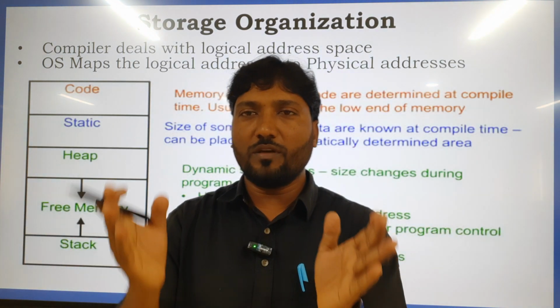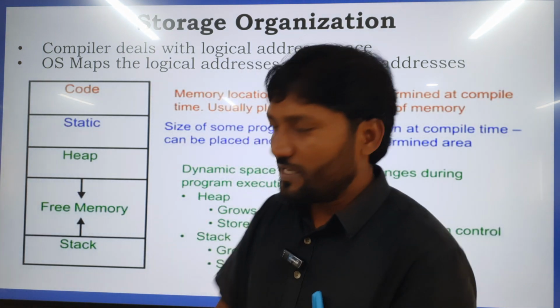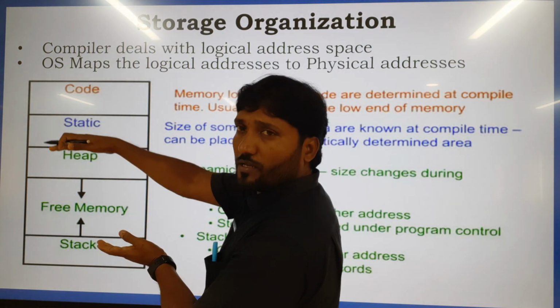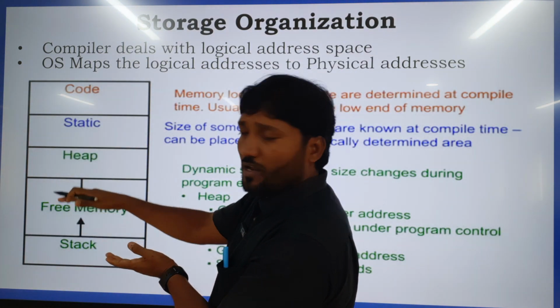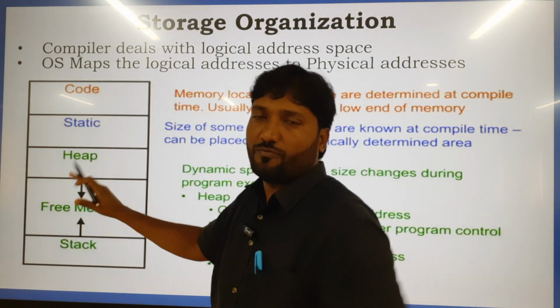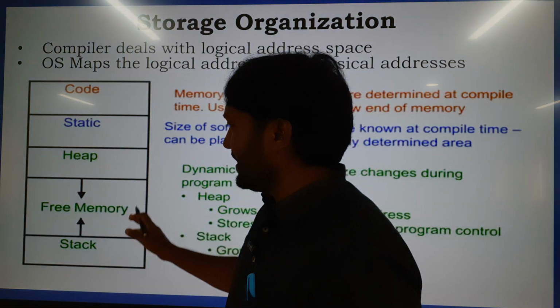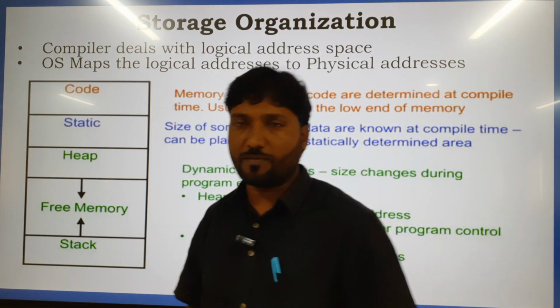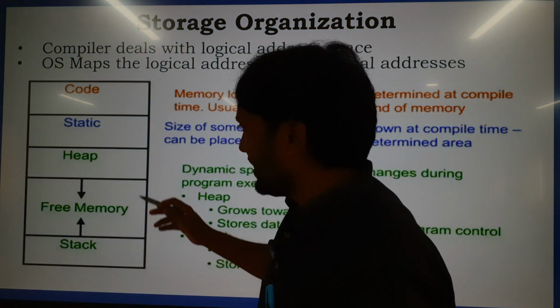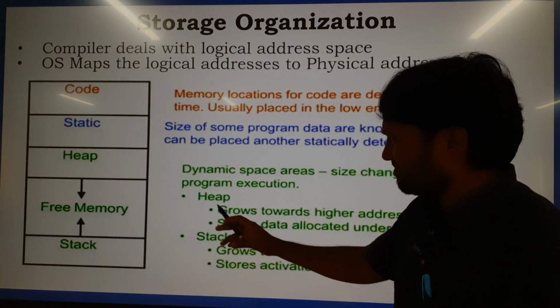Both sides occupy the free space. Just like that, the heap memory can use the free memory, and the stack can also use the free memory. This is called dynamic memory allocation.